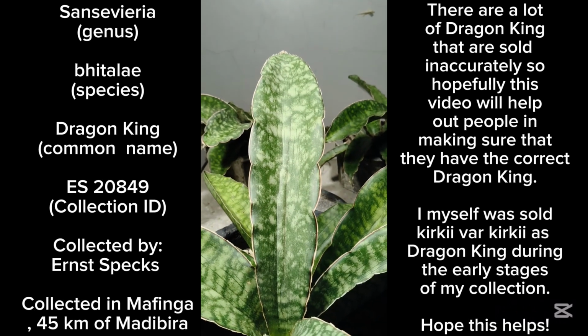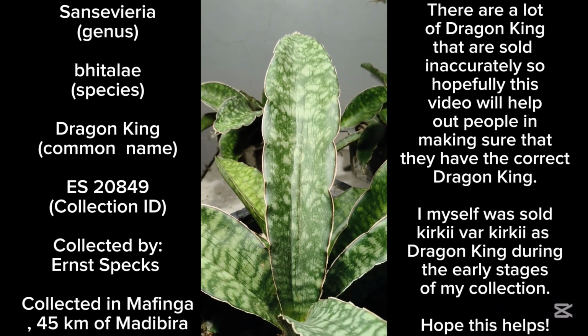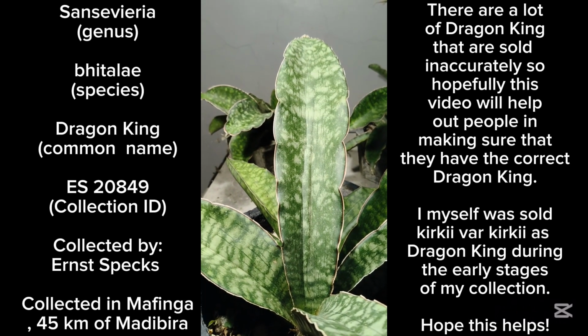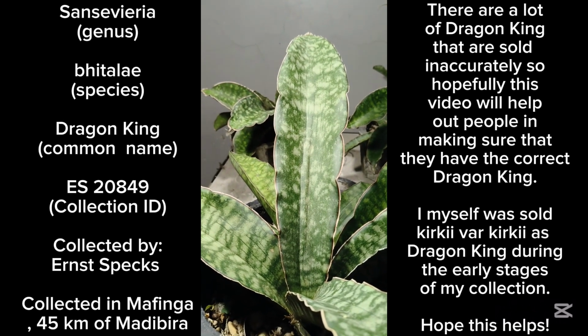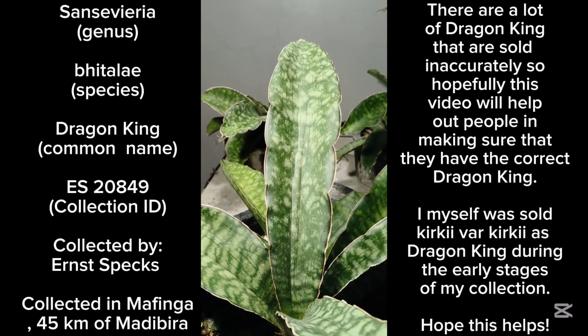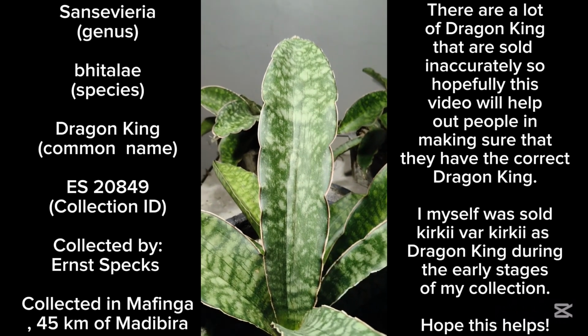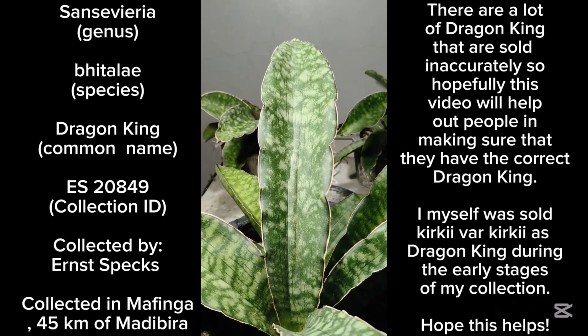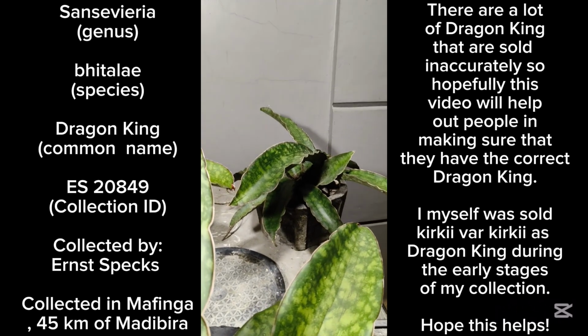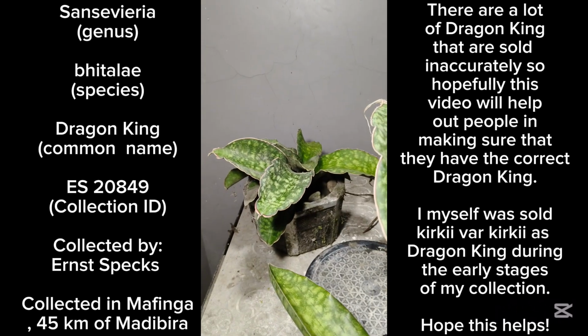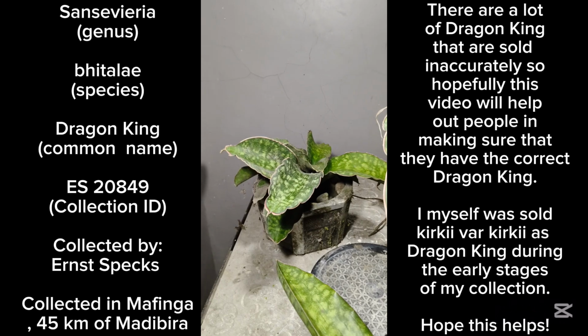The name of the species is bhitalae, and that is to correct people that would put Mafinga as the ID for these plants, because when you say Mafinga, that's very inaccurate. There are a lot of bhitalaes that were found in Mafinga. In fact, the other two Sansevieria plants on the back part are also bhitalae species that were found in Mafinga.